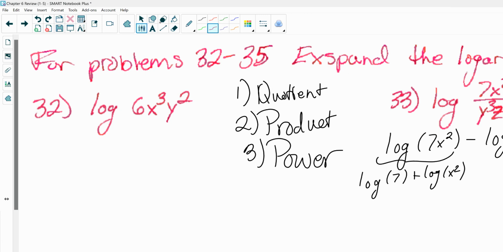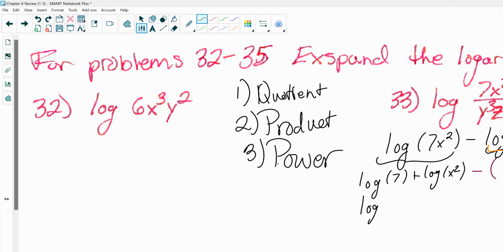You don't necessarily have to write this out, but we could say minus, and again, our log of y to the third z squared would be log of y to the third plus log of z squared. But again, we have that negative out in front of both. So that negative has to be applied through.